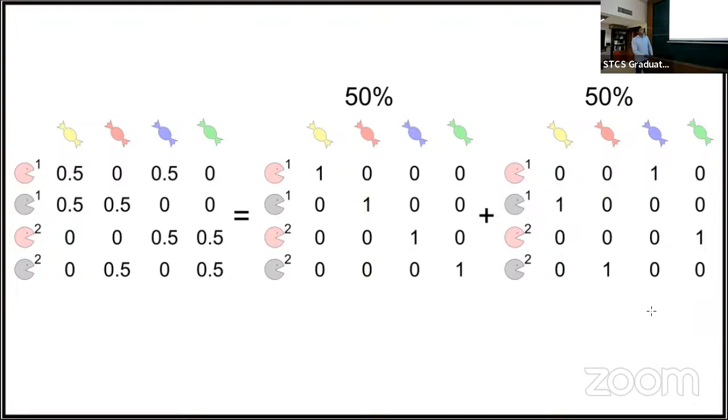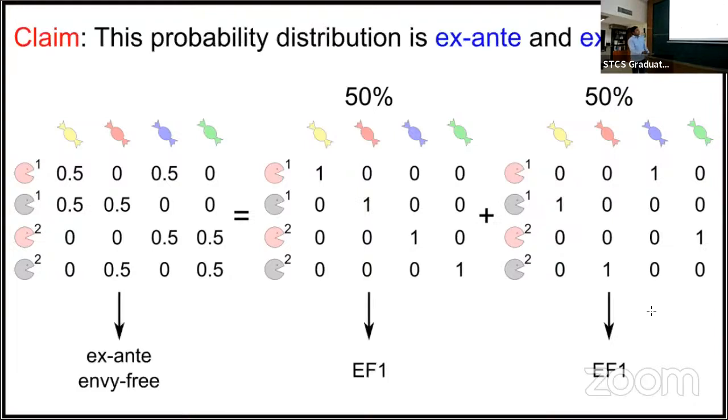All right. So what I want to show you is that I basically solved the problem, which is that this convex combination, I can interpret it as a distribution over deterministic allocations, which has both properties that I was aspiring for, ex-ante and ex-post fairness. So what is the transformation?